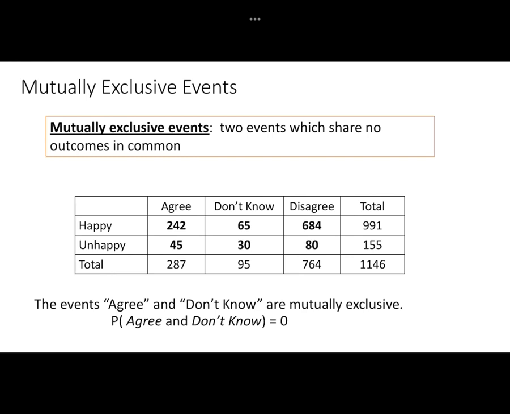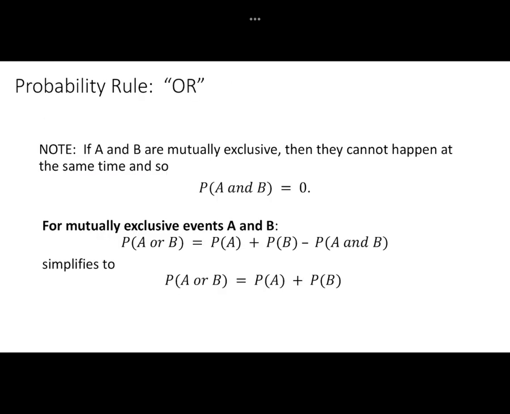If I wanted to know that someone agrees and doesn't know, then that probability is 0 because there's no one that lives in both agree and don't know. So if two events are mutually exclusive, then they cannot happen at the same time. So the probability of A and B is going to be 0.